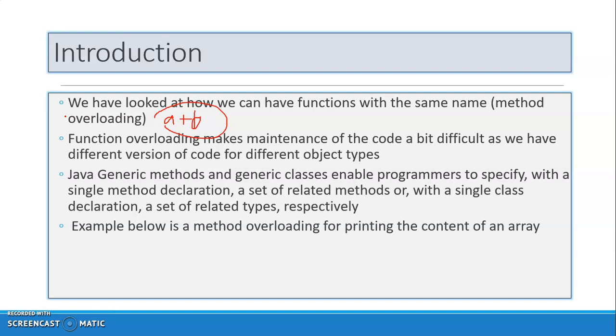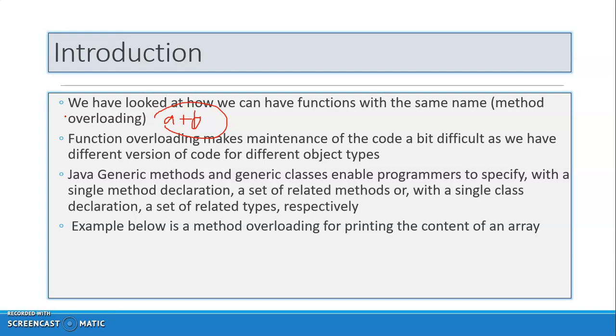But there was something that had to be done, because operations would differ from object to object. There was a need of casting before you add the numbers. For example, there was a need of casting them to integer, then you would add them, or casting them maybe to double and you would add them. So it was still a little bit of work on the side of the user.